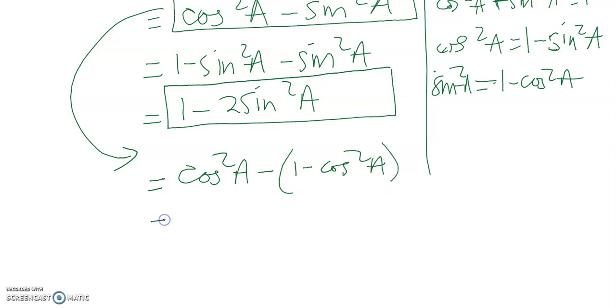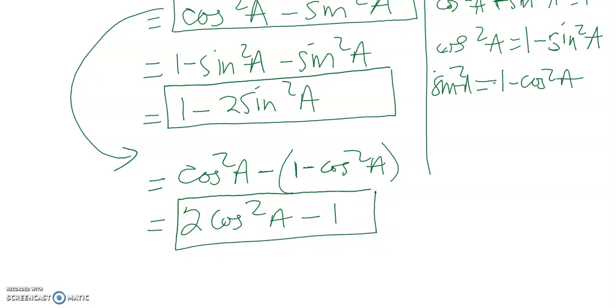And when we simplify this, we end up with cos squared a minus 1 plus cos squared a, which will then give us 2 cos squared a minus 1. And so this is our third version of the double angle cosine.